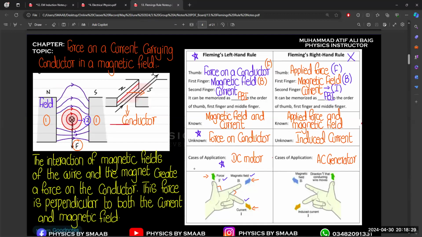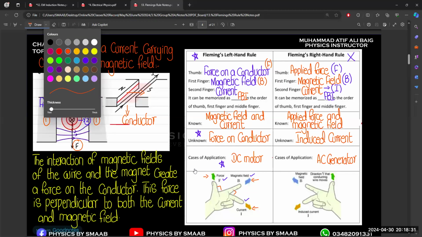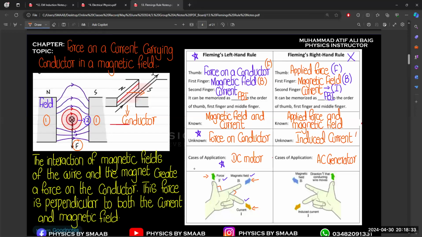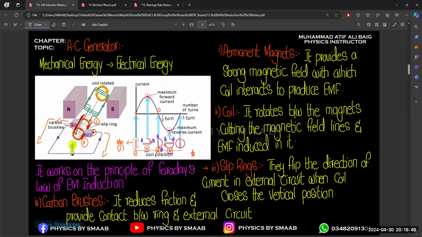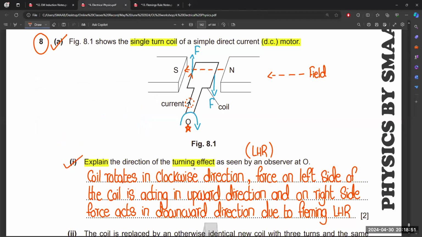You can see induced current is unknown. Direction of applied force and magnetic field are always given. It's up to you in which direction you want to rotate, because you have to do kinetic mechanical work so that you will get induced current or induced EMF. So it depends upon you, right?